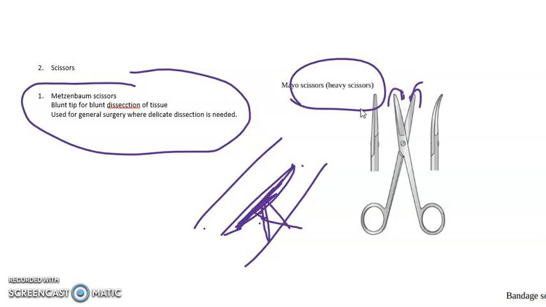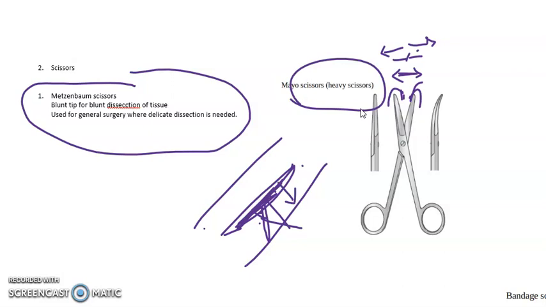As you open up the scissors, you cut through, then you close, you go deep, you open up again. When you open up again, you make these types of motion. It's going to lead to you going deeper and deeper into the skin or into the muscle.